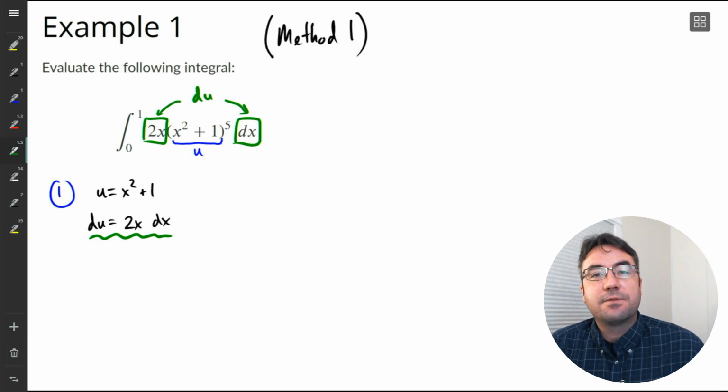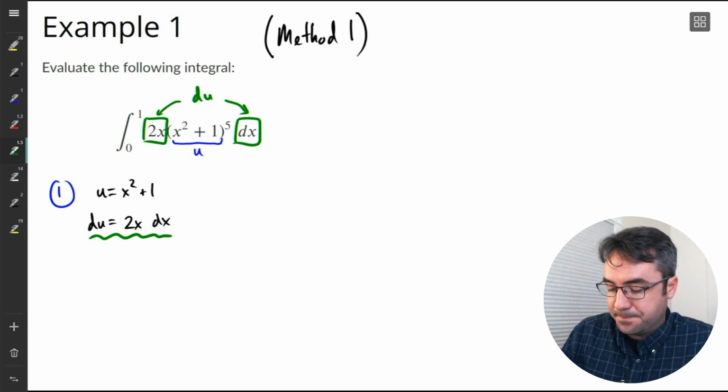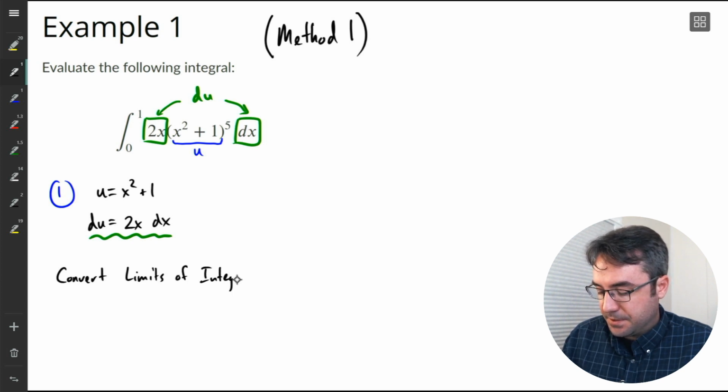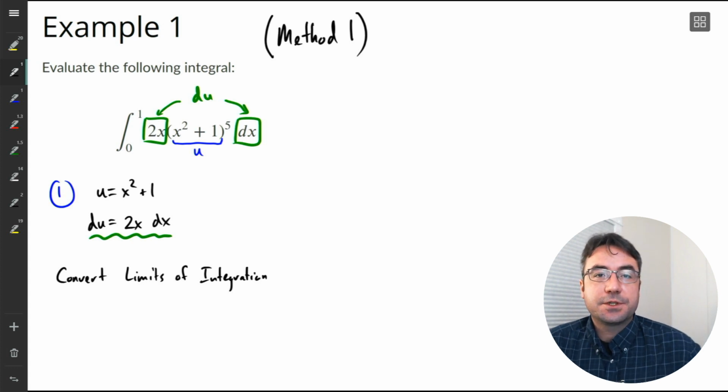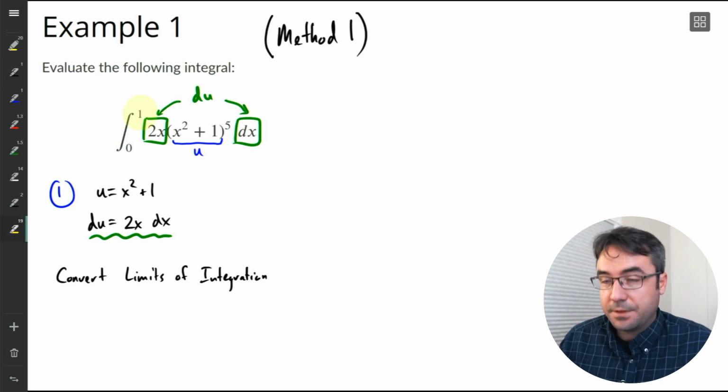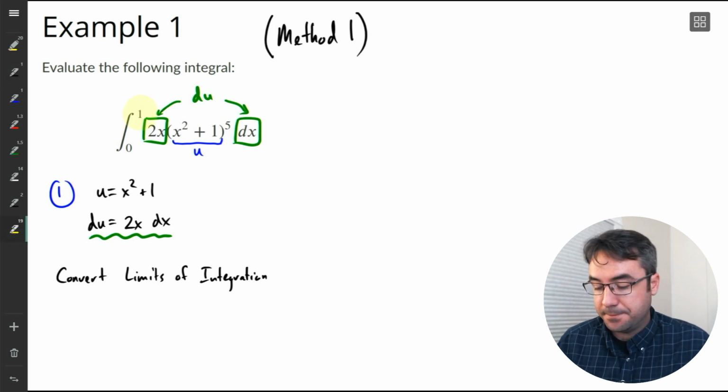Now let's actually convert the limits of integration. So this is what's new. We're just going to look at our upper limit right there, x equals 1.